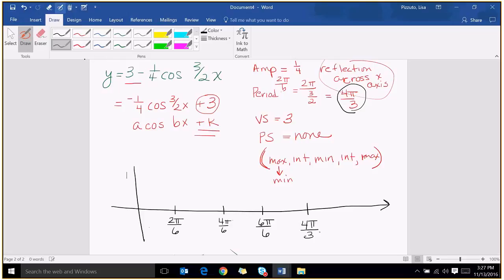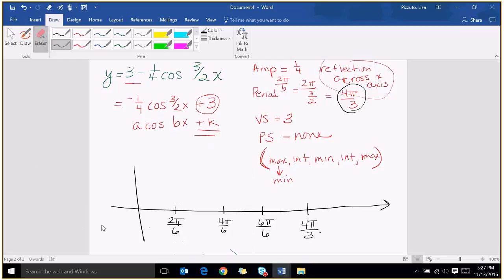But would 6 pi over 6 not reduce? Yes, everything reduces. So once I've got it set up, if you want, you can reduce it. So for example, let me grab the eraser.